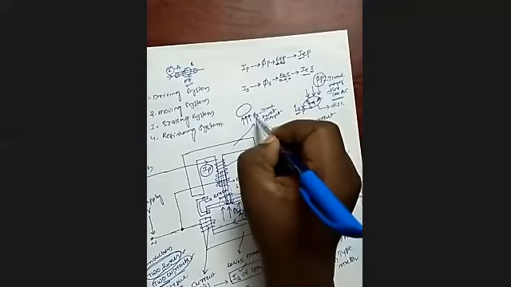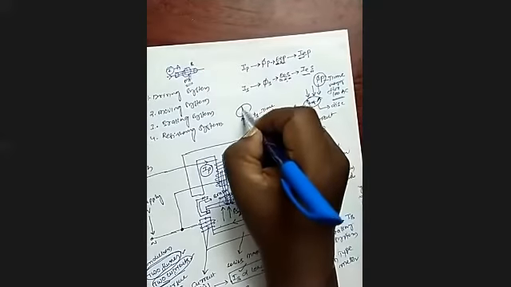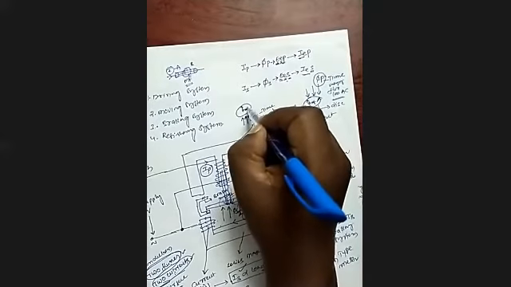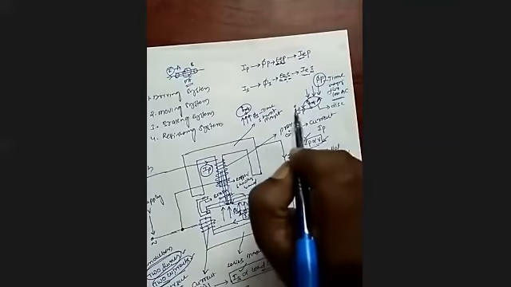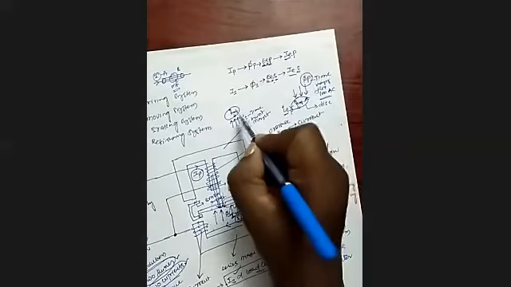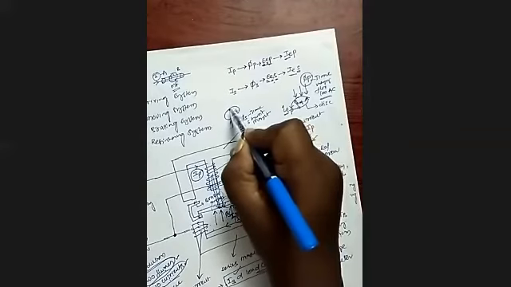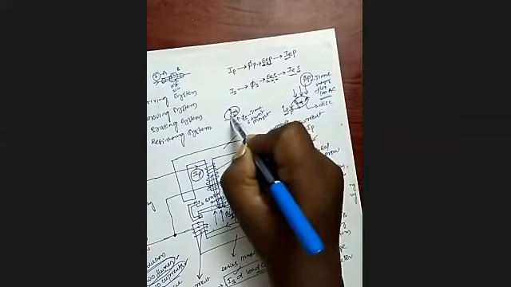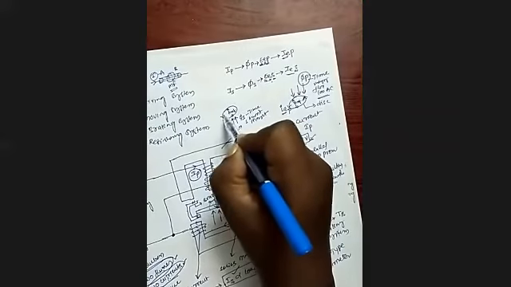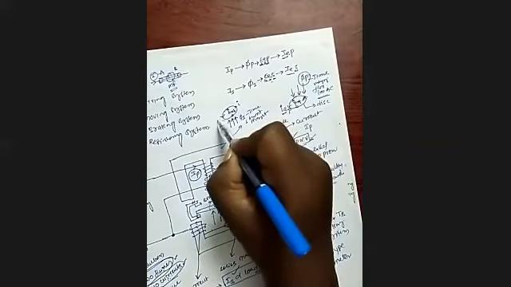Whenever this time varying flux phi s interacts with the disc, some EMF is induced, known as the eddy induced EMF, and since the disc is circular, currents circulate in the disc.